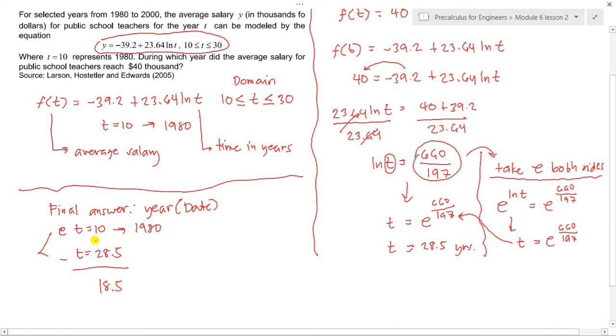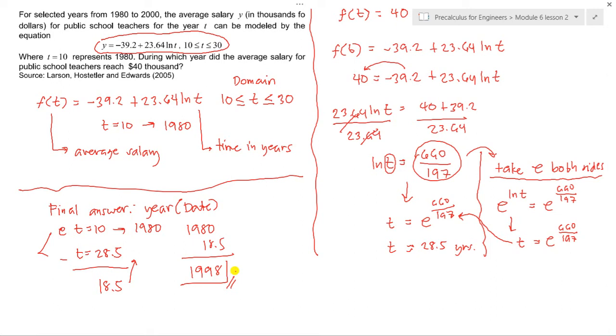So from 1990 to the unknown, the gap is 18.5. We add this 18.5 to 1980, so that is 1980 plus 18.5. The result is 1998. So therefore it starts in the year 1998. The average salary for a public teacher approximately reaches $40,000.